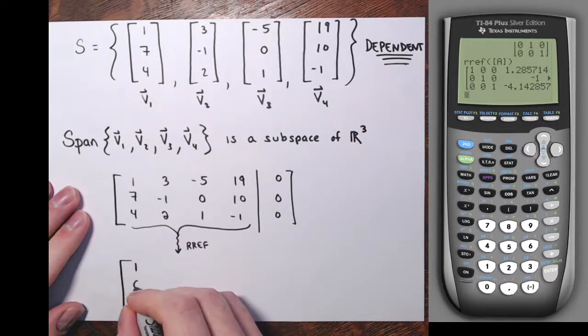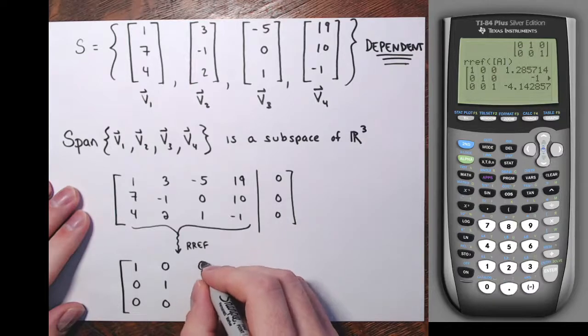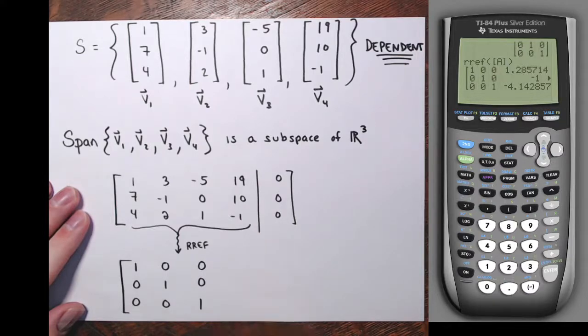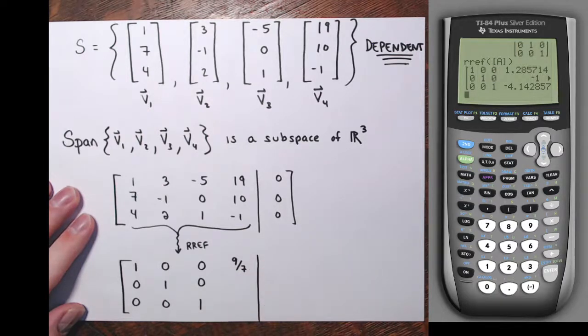We have 1, 0, 0, first column, 0, 1, 0, second column, 0, 0, 1, third column. And then you could change it to a fraction if you want. That's 9 sevenths, 1 and 2 sevenths, and then negative 1, and then negative 4 and 1 seventh, so negative 29 sevenths.